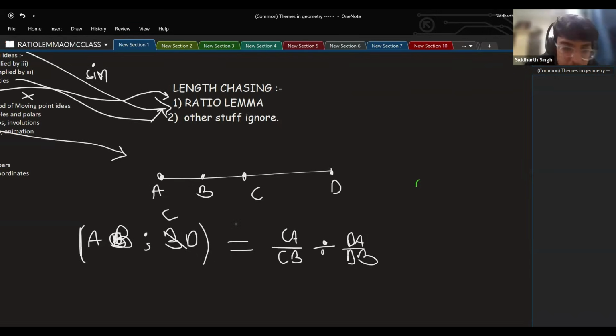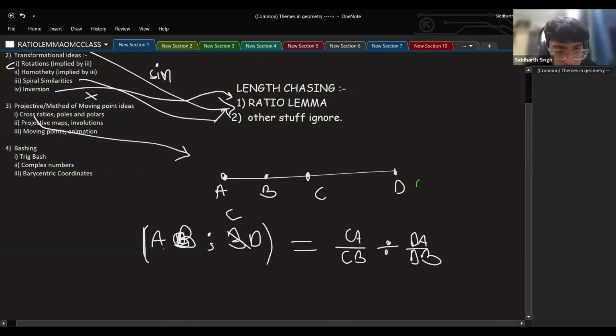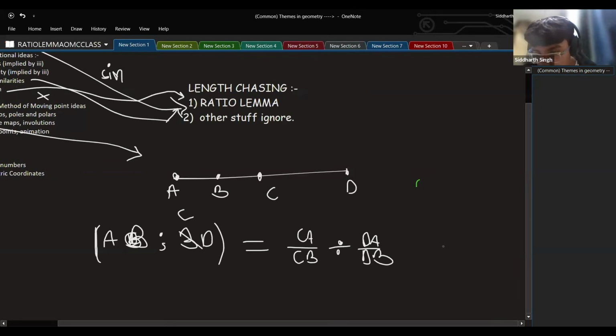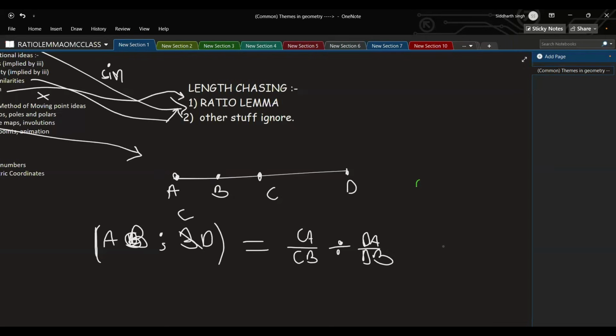It's pretty easy. Just consider the line AB, and fix the two points A and B. Now, can anyone see the relation between cross ratios and ratio lemma? Oh wait, I've not been reading chat.